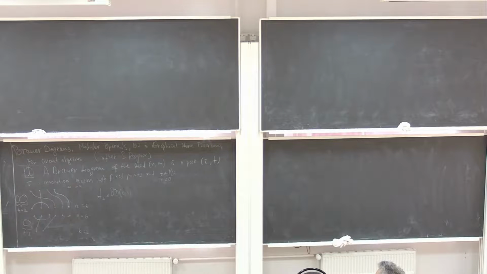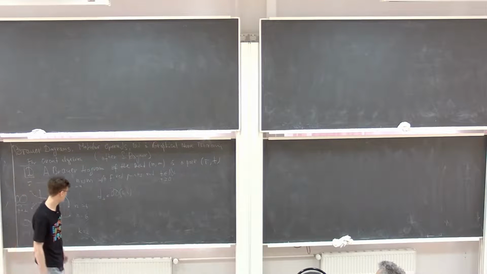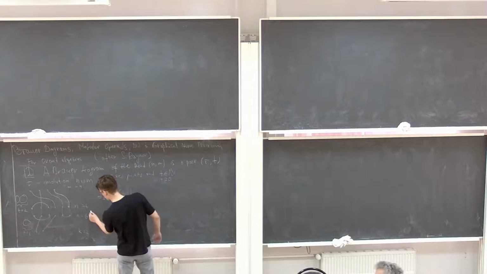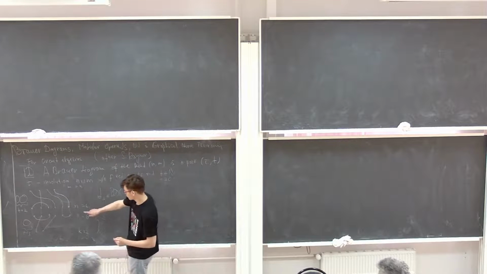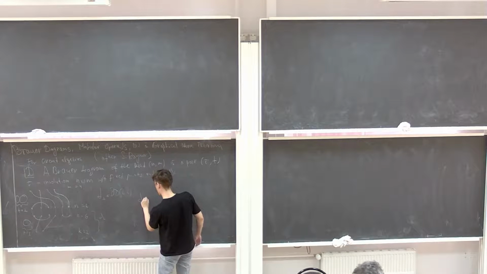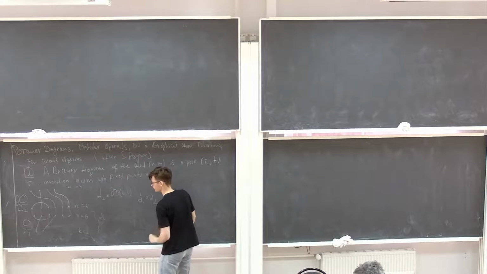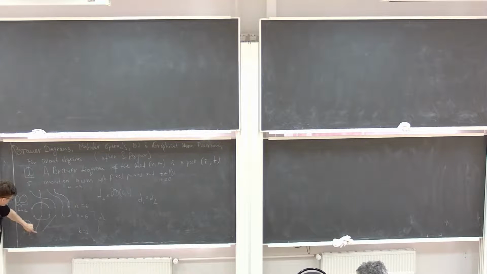We can glue them to each other, like this, and if we denote this diagram by D2, we obtain a new Brauer diagram, D1 composed with D2. This point is connected to this one, this to this one, and this to this one.